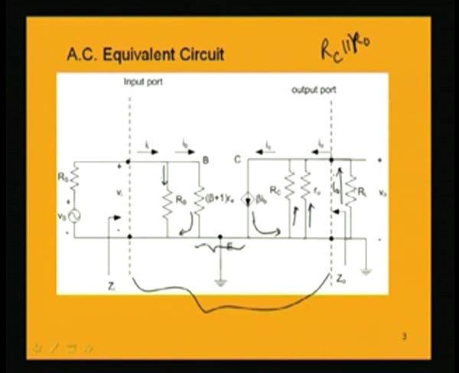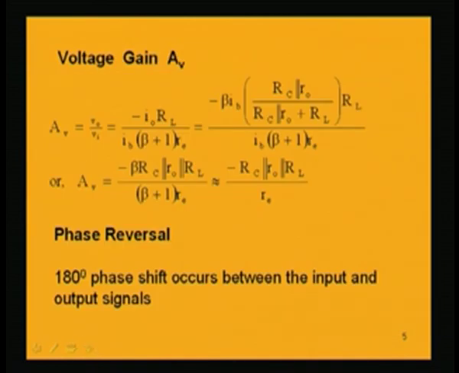That will be equal to beta times IB into the equivalent parallel combination, RC parallel R0, divided by RC parallel R0 plus RL. So that is written here as beta times IB. The minus sign is there because minus I naught RL is the voltage at the output.